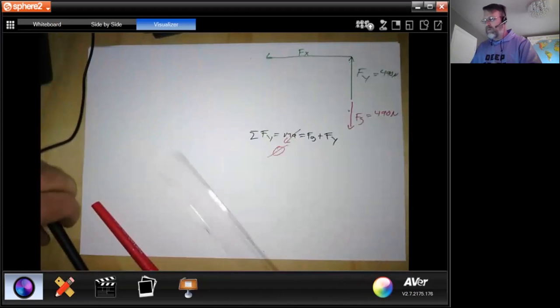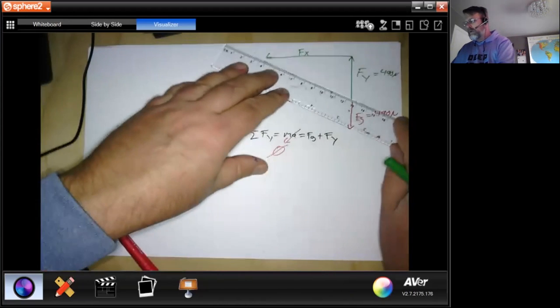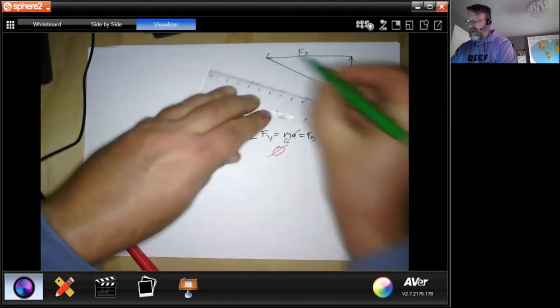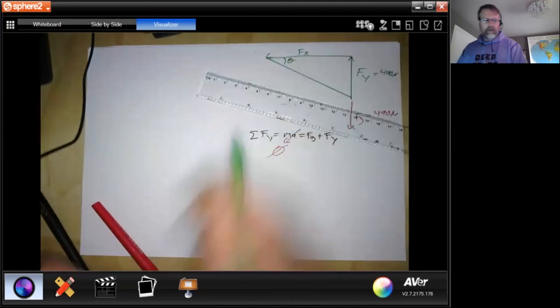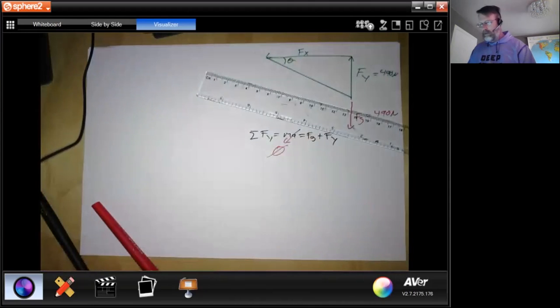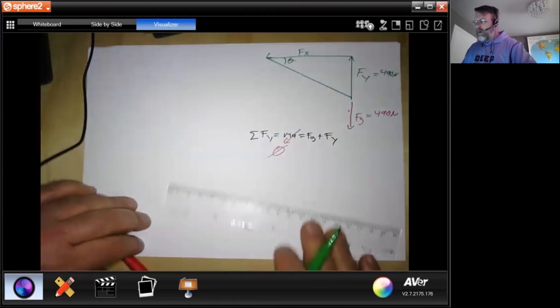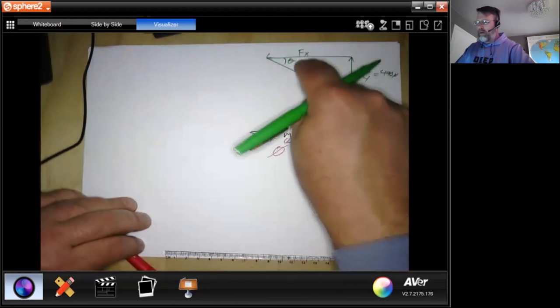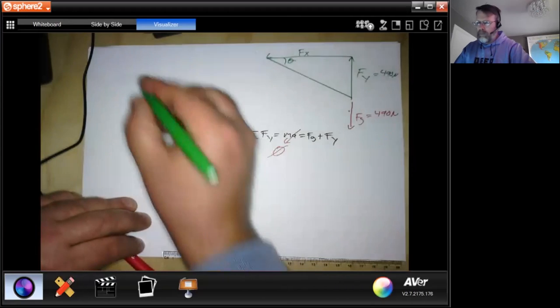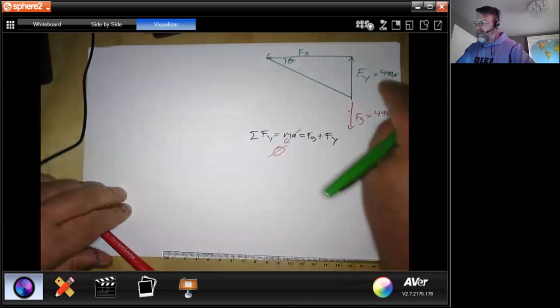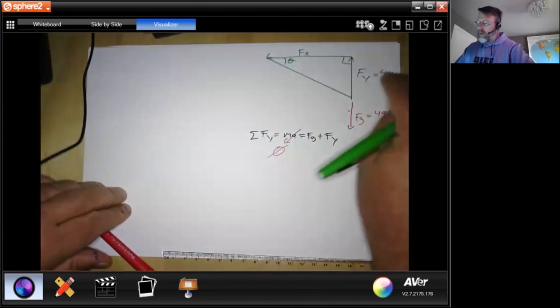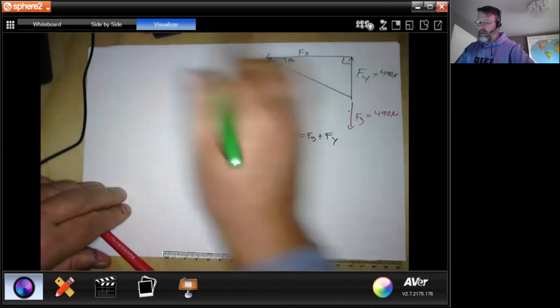Now, remember, this was a triangle, though. So this was our triangle, and this was the same angle we had before, 36.87 degrees. Now we can do this any number of ways we want to find our f of x. Because I know this, we can do opposite and adjacent.